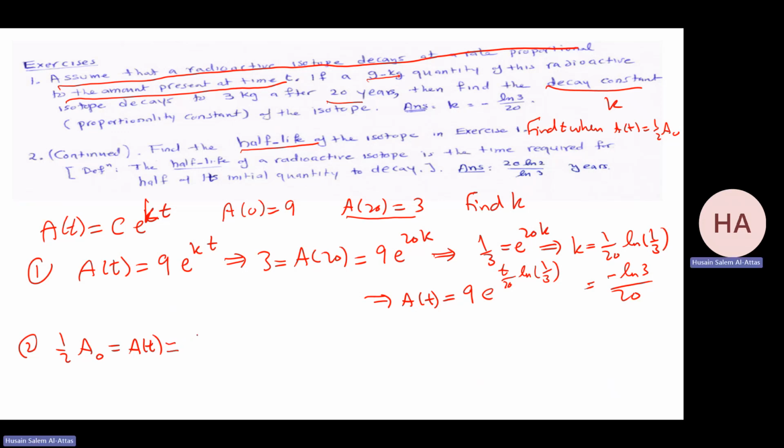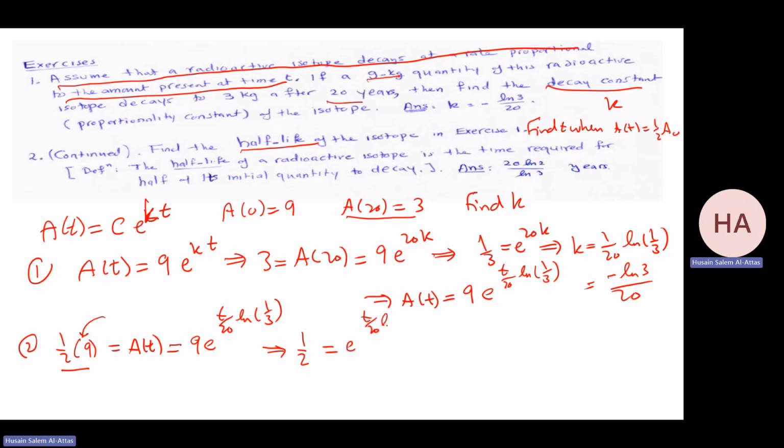A of T is what? 9 e. By the way, half A0 is half times 9, is equal to 9 e^(T over 20 ln 1 over 3). Half of 9, because 9 is my starting point. This is half of it. So it means half equals e.